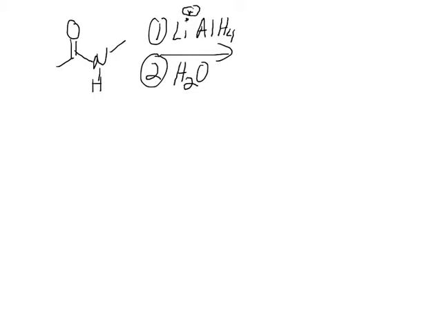We just kind of said this is a really strong source of H minus, so we could draw it. But we got to remember one thing. We got to remember that our amide's very reactive. Is this carbon very electrophilic?